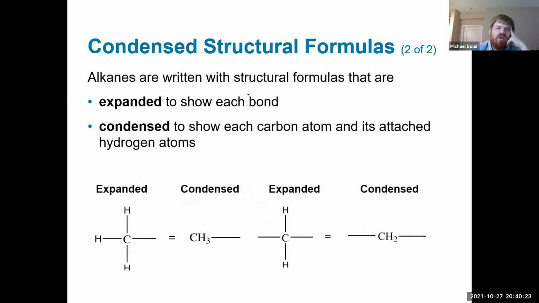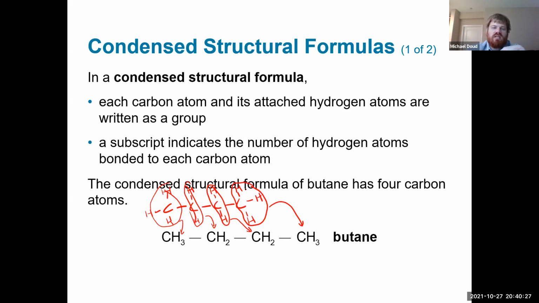Okay. So now you can expand it to show what we did here. So this is the expanded structural formula, what I drew up here. And this is the condensed, again, condensed structural formula down here.